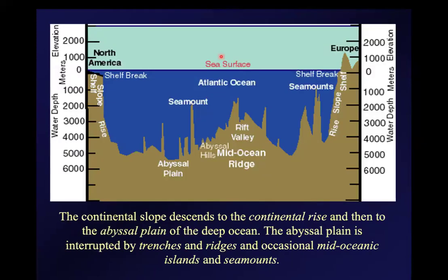But the continental slope descends down to the abyssal plain of the deep ocean. And the deep ocean, this is given in meters, would get down to 5,000, maybe as much as 6,000 meters. That's approximately 15,000 feet at the bottom of the Atlantic Ocean.